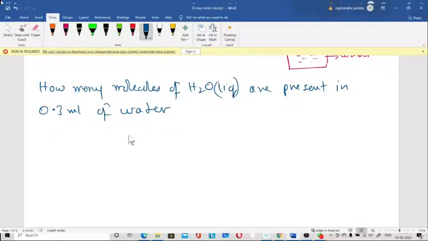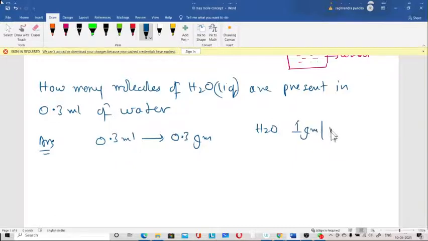So what you have to do here, just find out the weight. So 0.3 ml will correspond to 0.3 gram of water, because the density of water is 1 gram per ml.